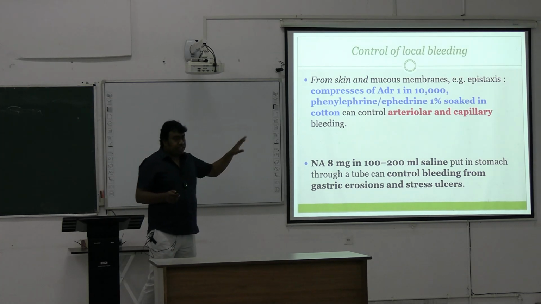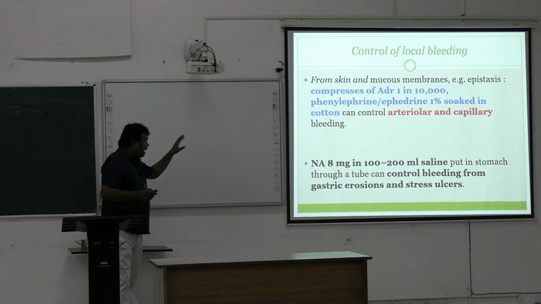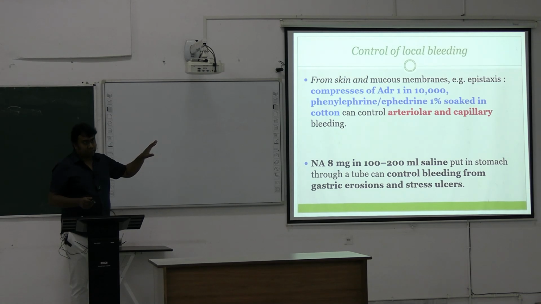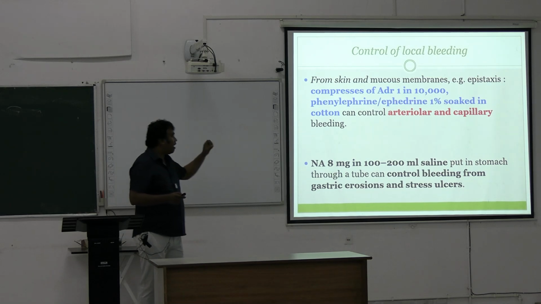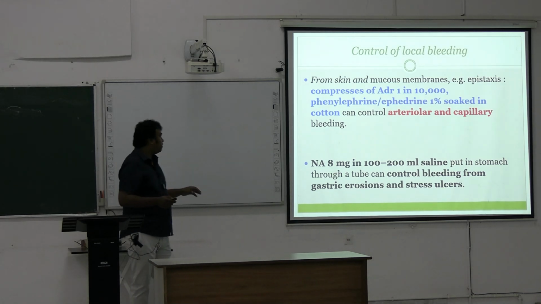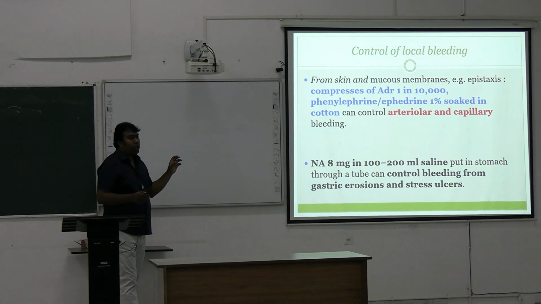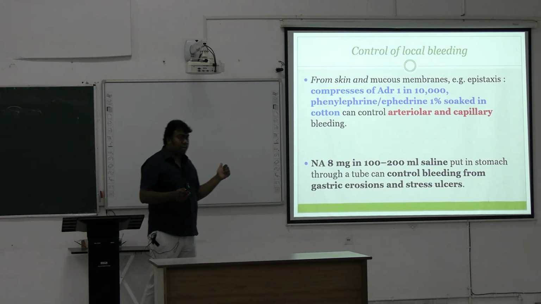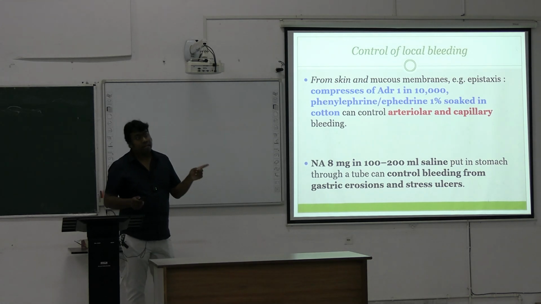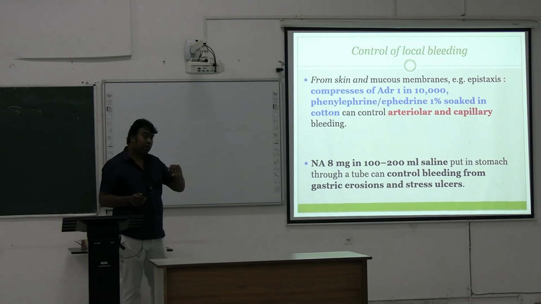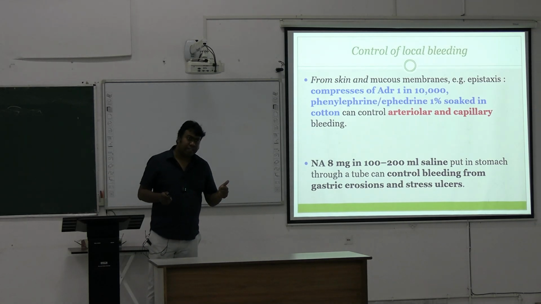In epistaxis, adrenaline is given in 1 in 10,000 dilution. Other than adrenaline, phenylephrine and ephedrine also can be given. It can control capillary and arteriolar bleeding, not arterial bleeding. Clear? 1 in 10,000. Then with local anesthetic, what dilution? 1 in 1 lakh to 1 in 2 lakh.